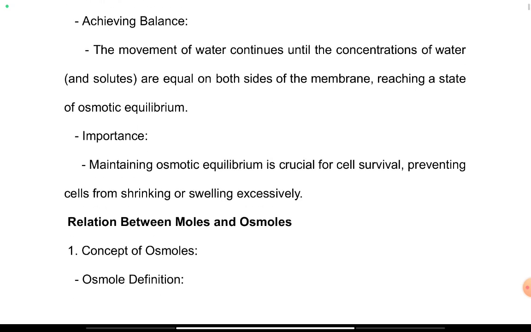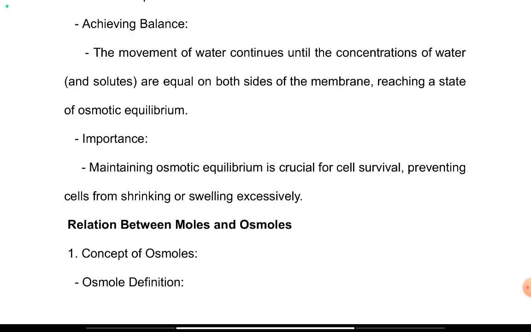The only thing that will cause net movement of water in this situation is the hydrostatic pressure, which is dependent on the pumping activity of the heart, which is dependent on the plasma volume. When there's enough hydrostatic pressure, fluid leaks into the interstitial fluid, and from there into the intracellular fluid.